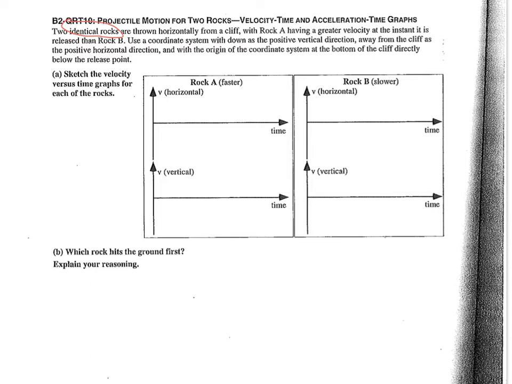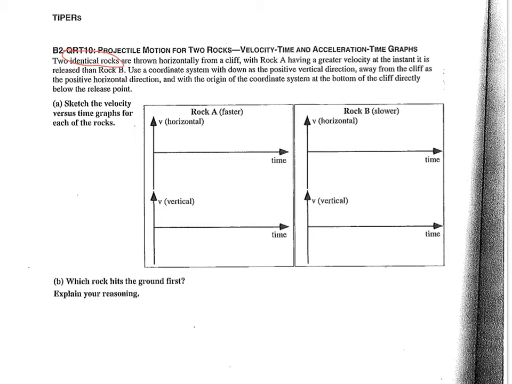They're thrown horizontally from a cliff. Since I see this word horizontally, that tells me that all my velocity is in the x direction, and my initial velocity in the y direction is 0 for both rocks.